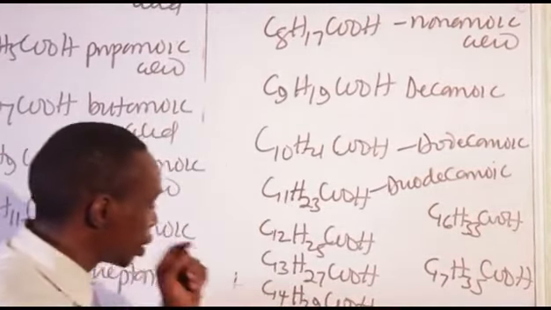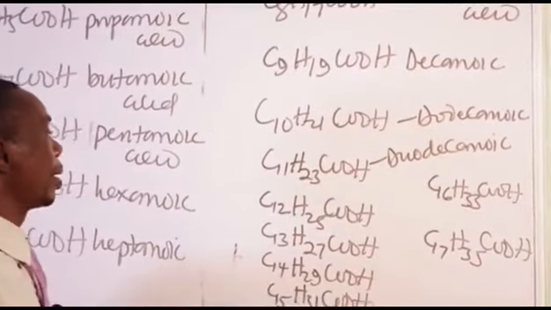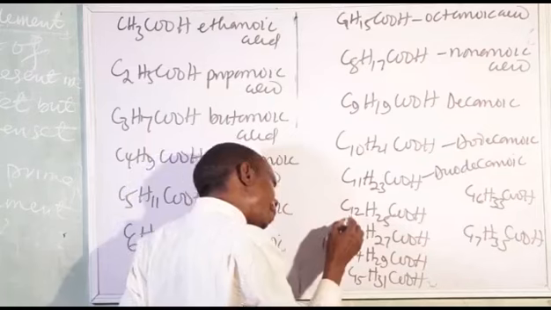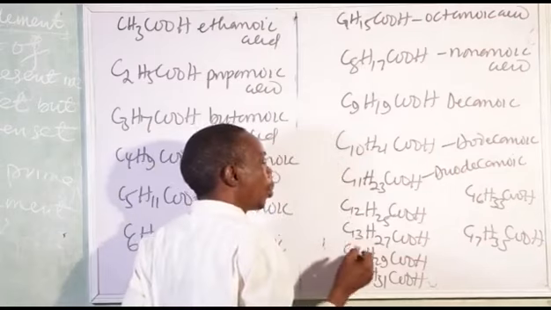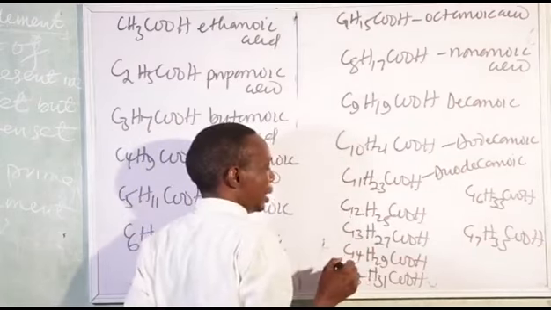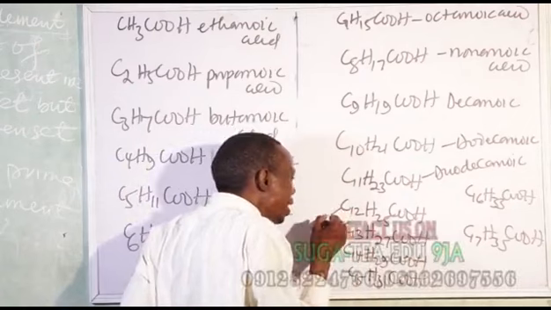Let me explain the way you pronounce it. You pronounce C13 as if you are adding 3 to 10. You call it trideca. This one is tridecanoic.